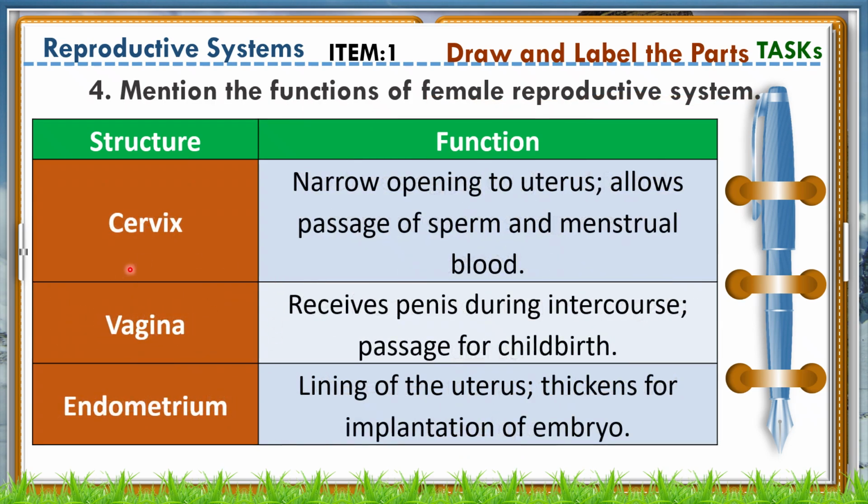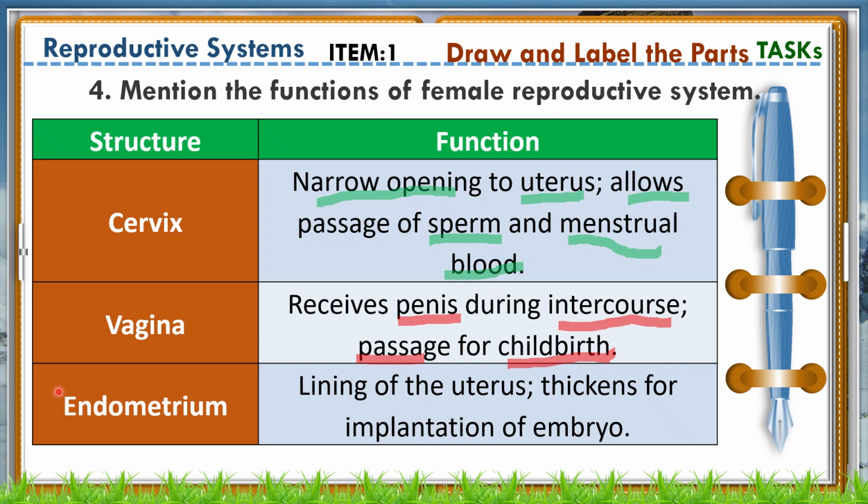We have the cervix. The cervix is a narrow opening of the uterus, and it allows the passage of sperm and menstrual blood. Then when we come to the vagina, this receives the penis during intercourse and is the passage for child birth.